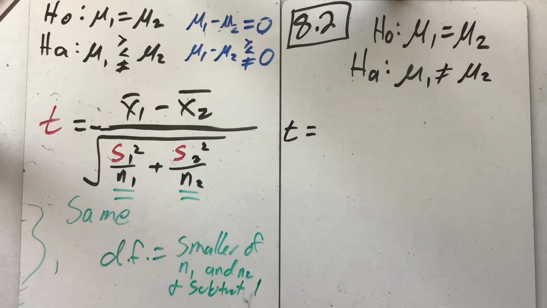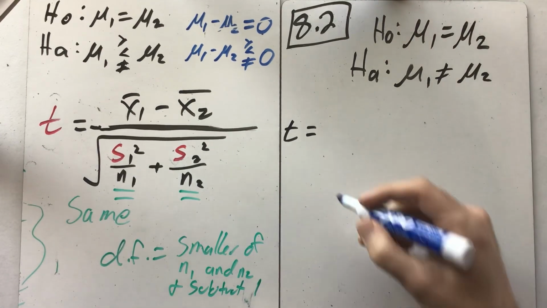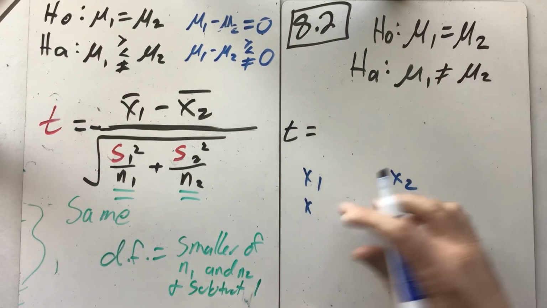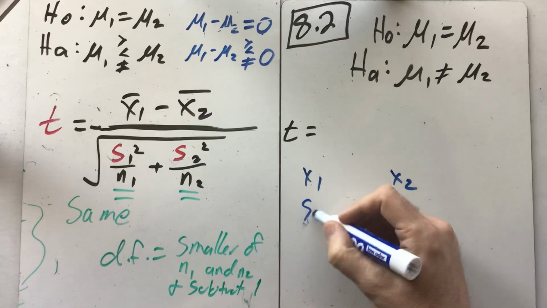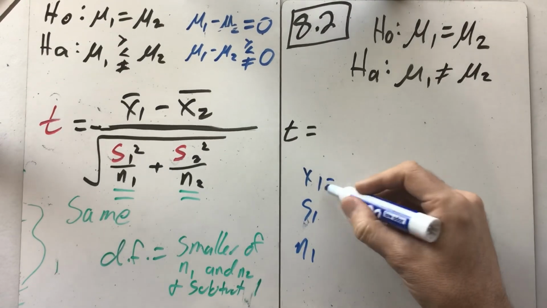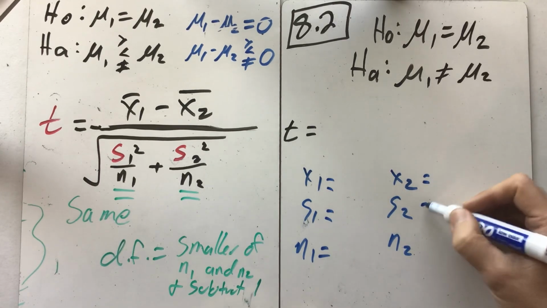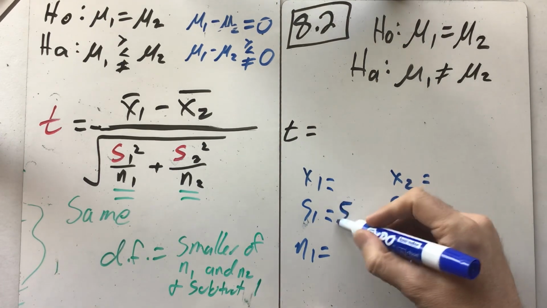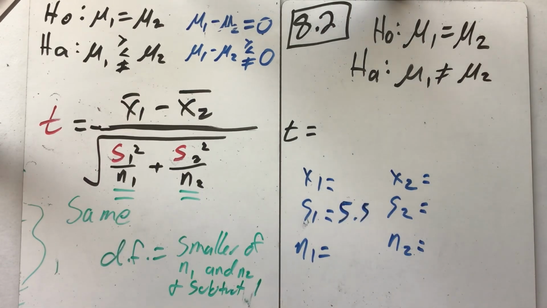Okay, now we need to do our calculation. T, and then now I just have to look carefully at my problem and figure out everything that goes into it. What is my x1? What is my x2? This time I have s's, and then what is my n1 and what is my n2? So how did I know they were s's? The reason is, notice the standard deviation was the 5.5, which is the standard deviation for that first class.